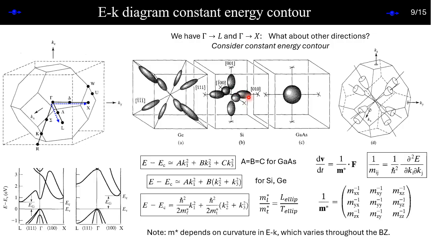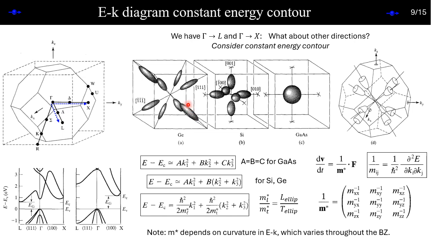Do you understand? We have an ellipse, one of the axes is along the long direction, the other 2 are perpendicular to it. Simple. And that is aligning exactly here. This k1, k2, k3 is kx, ky, kz here.